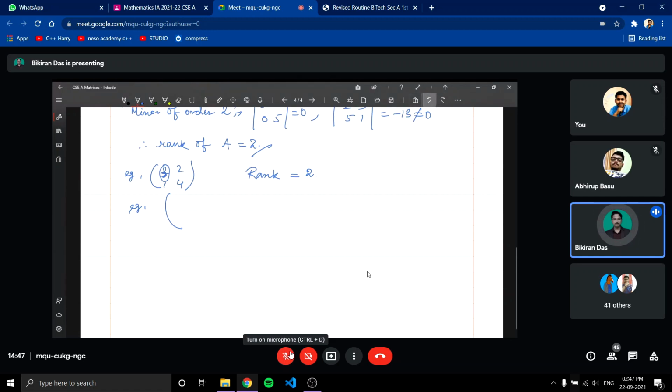So you have to check whether all the elements are 0 or not. If all are 0, the rank will be 0, otherwise the rank will be 1. Rank 0 will come only if the matrix is a null matrix. Otherwise rank 0 will not come, minimum 1 will come.